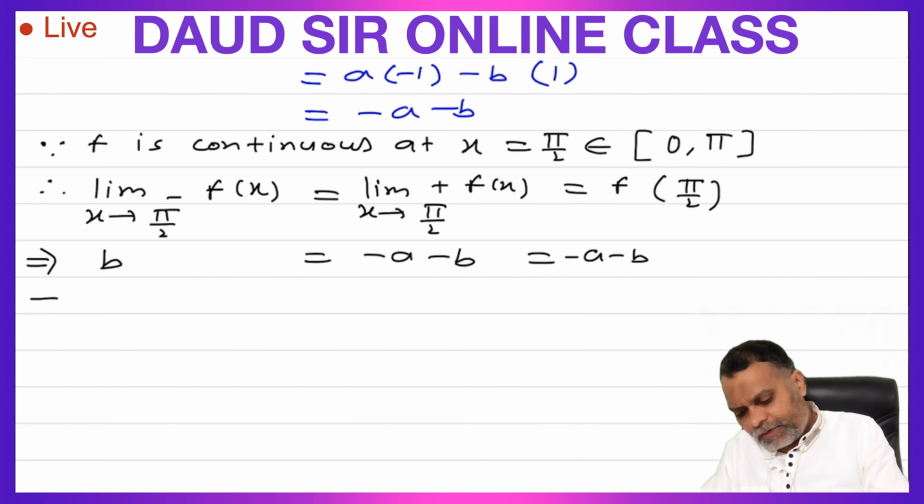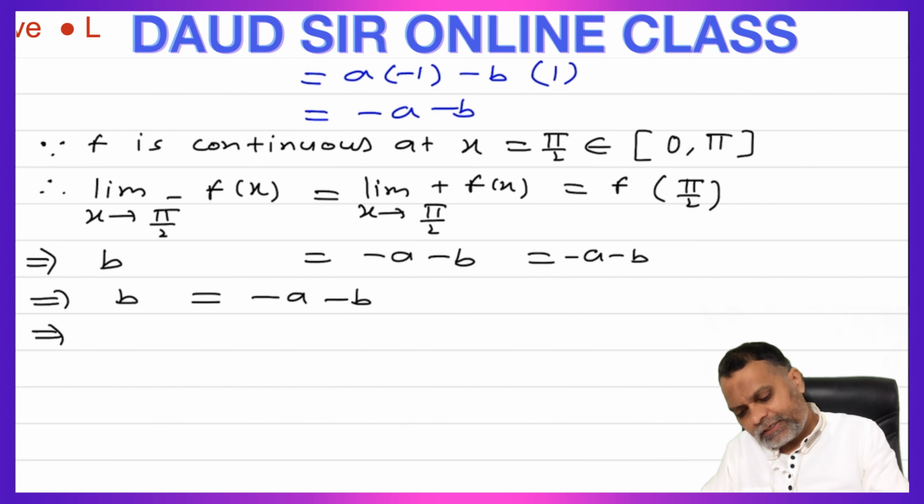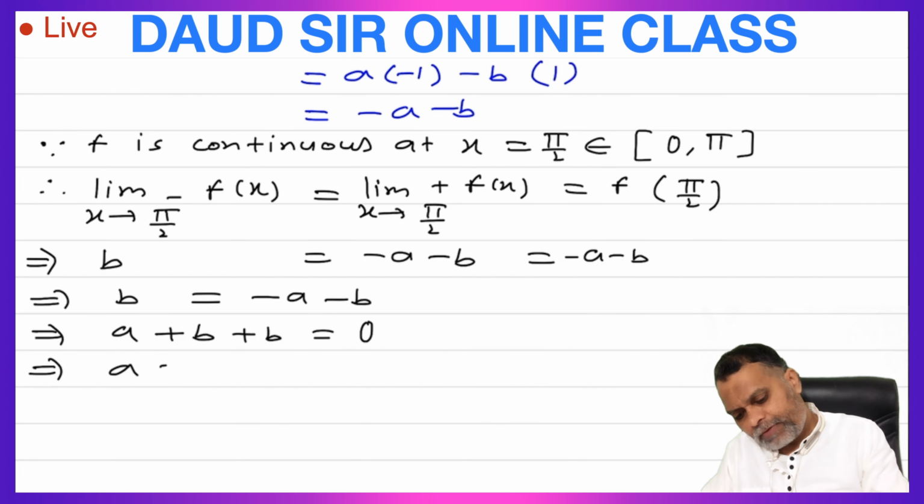Take two parts equal. b is equal to minus a minus b. Shift this side: a plus b, and this plus b is equal to 0. So a plus 2 times b is equal to 0. Let's suppose this is equation second.